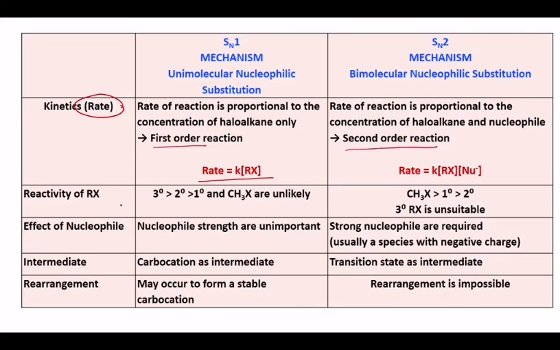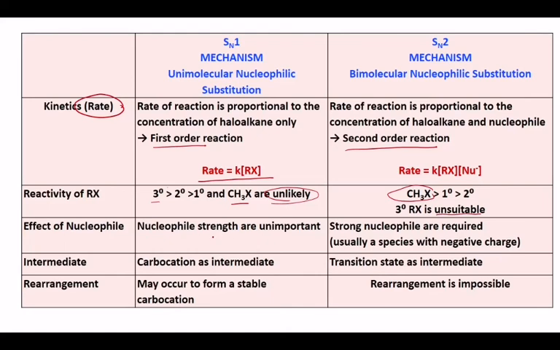For reactivity of haloalkane in SN1, tertiary haloalkane is most reactive, followed by secondary, followed by primary, and methyl haloalkane is unlikely to choose SN1, while for SN2, methyl haloalkane is most reactive, followed by primary, followed by secondary, while tertiary haloalkane is unsuitable for the SN2 mechanism.